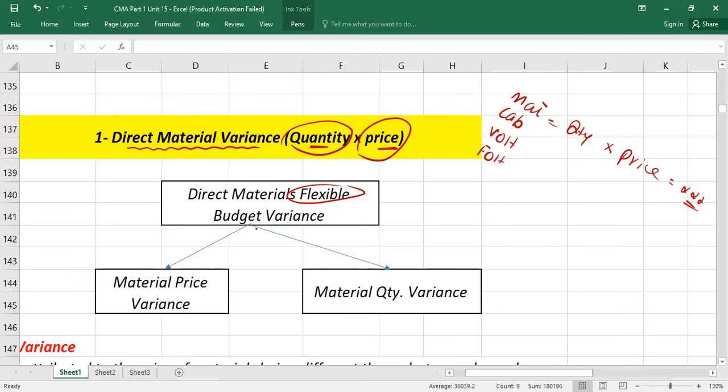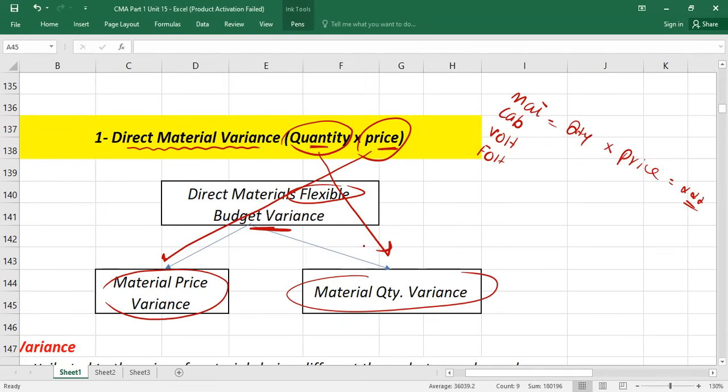Direct material flexible budget variance can be divided into material price variance, which arises due to the change in price, and material quantity variance, which arises due to change in quantity.